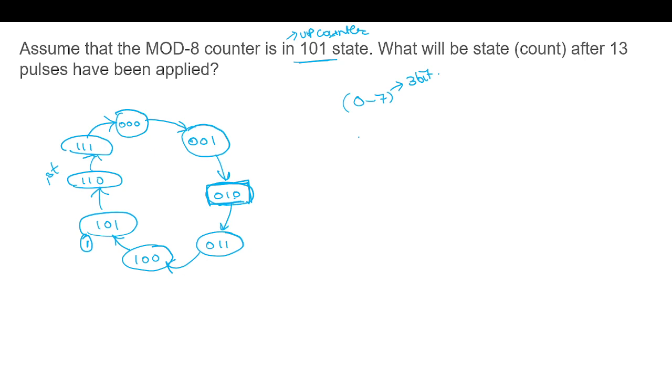Okay, so let's solve this. Initially it will be in state 5. Then it goes to state 6 on the first clock, 7 on the second clock, and then 0 to 7 takes another 8 clocks. How many clocks do we have left? 3 more clocks, so 0, 1, 2.